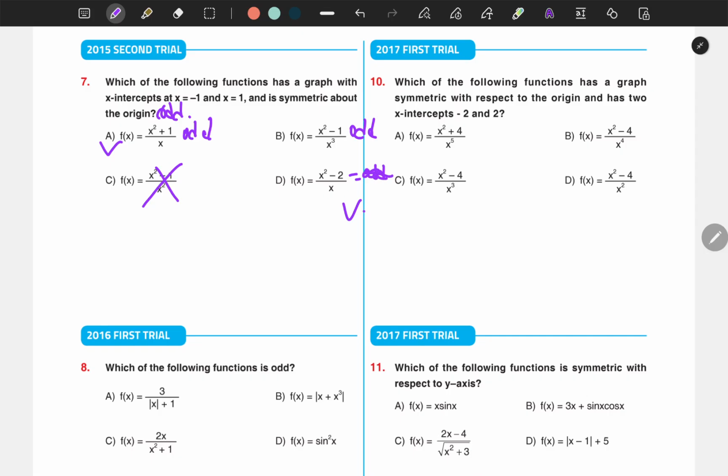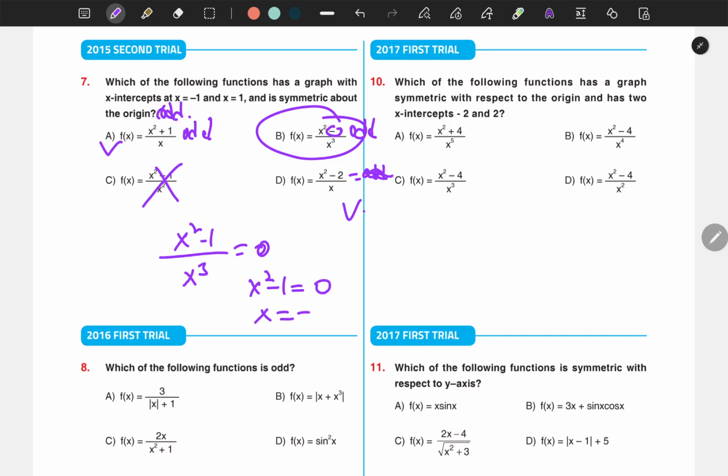Now, you say the x-intercepts are negative 1 and positive 1. Because x squared minus 1 over x to the power of 3, if equal to 0, cross product is equal to 0, isn't it? X equals positive or negative 1 as the x-intercepts, so which means B.